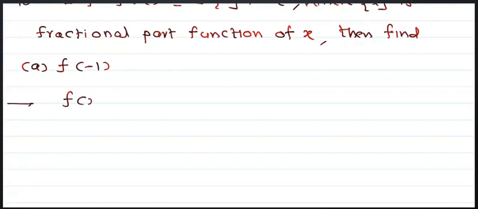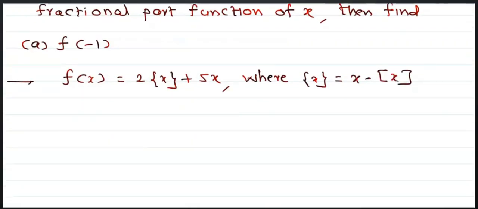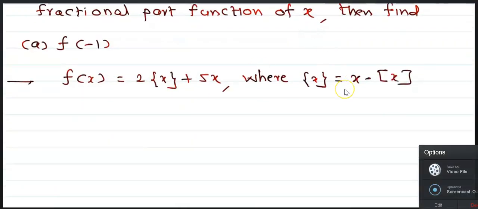Now see our function: f of x is equal to 2 in curly bracket of x plus 5x, where the curly bracket of x is the fractional part of x. What does that mean? Here we take the value of x and the integral part of x, then after subtraction you get the fractional part of x. It's very simple.